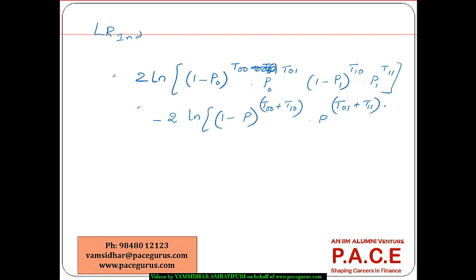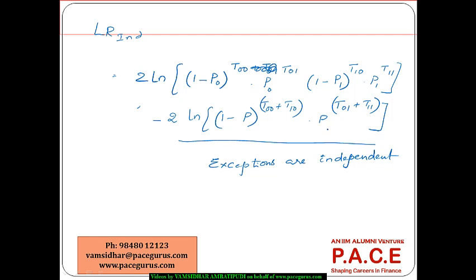Now what does this mean? If you look at this particular term, it is talking about the maximized likelihood under the hypothesis that exceptions are independent across the days. P is associated with an exception.